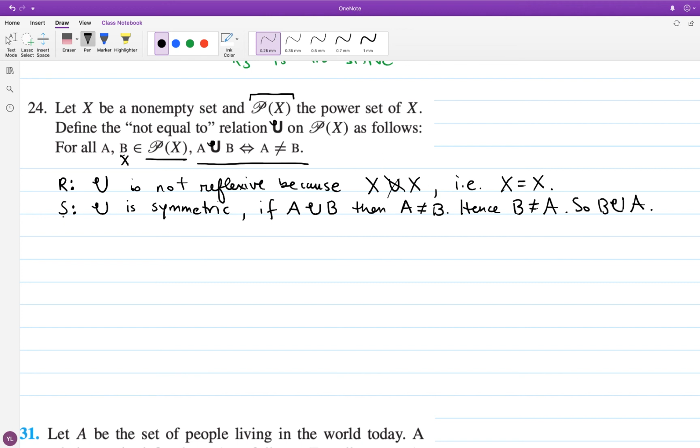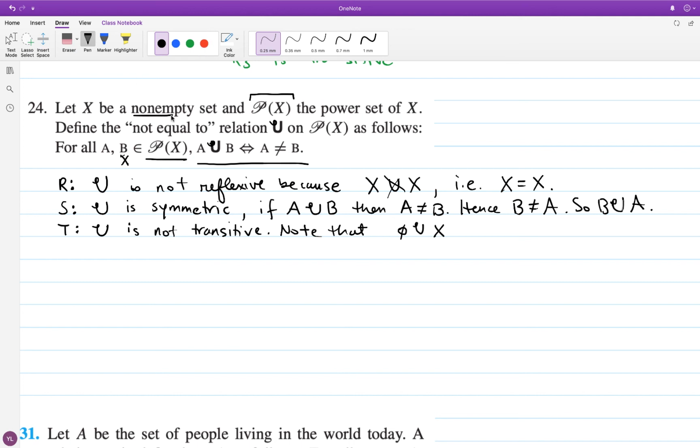Okay, finally, transitivity. Pause the video, but I don't think that this is transitive. So this is not transitive. I have an example in mind. I'm going to go back to the set X and the empty set, which I know are two different elements of the power set. Note that the empty set is related to X because these two sets are not the same.